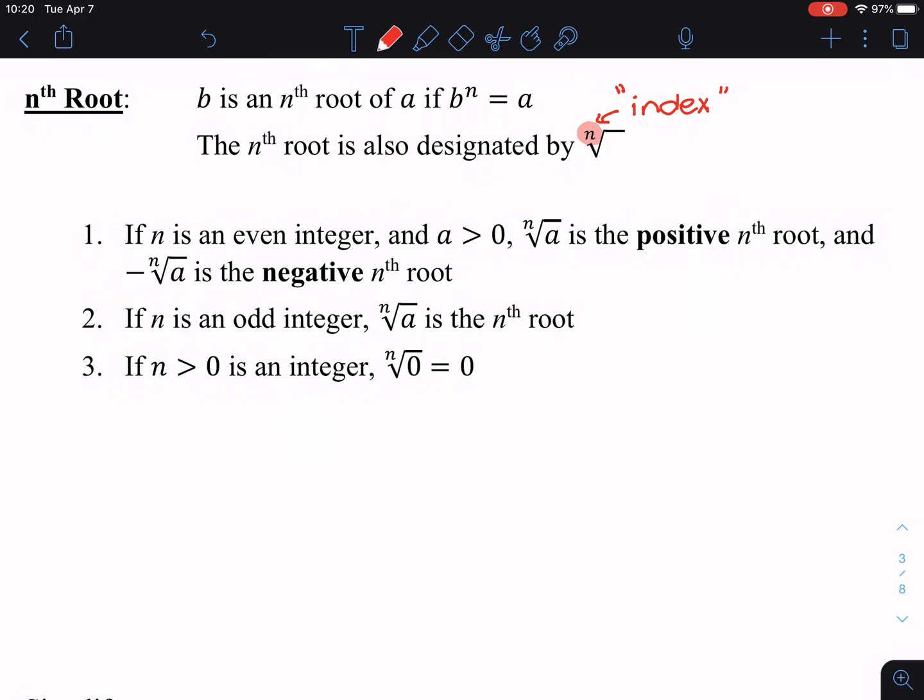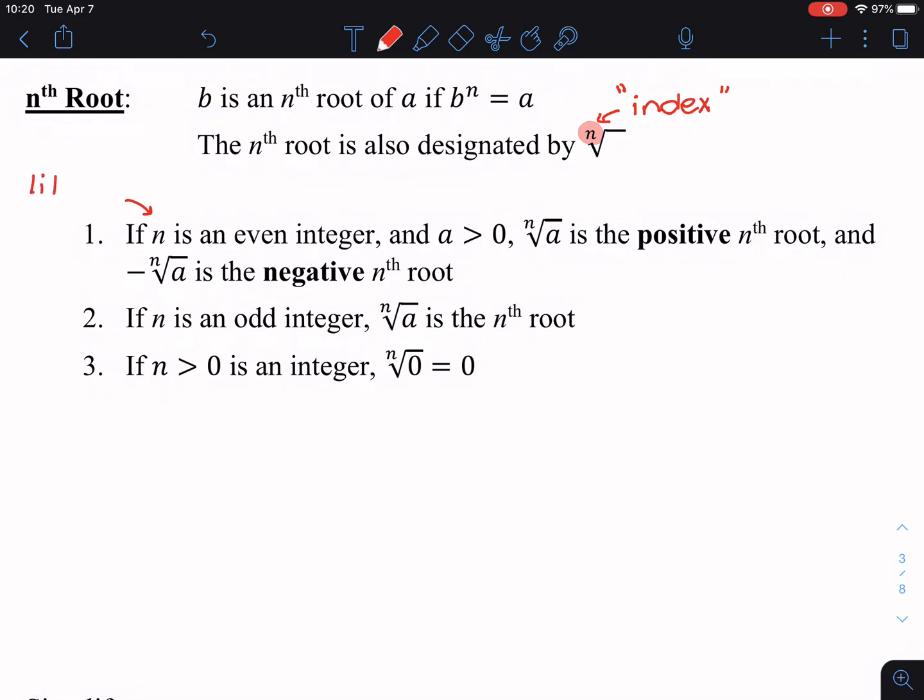When we look at the rules for nth roots in general, we have to split up into two possibilities. One is if n is an even integer, and the other is when n is an odd integer. If n is an even integer, this is going to be a lot like the square root.